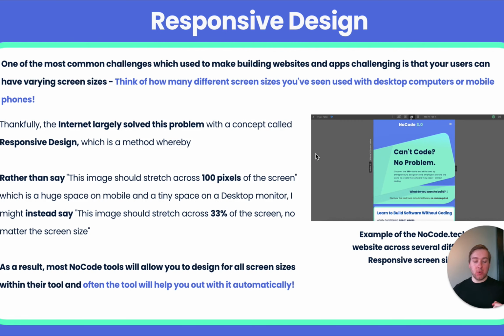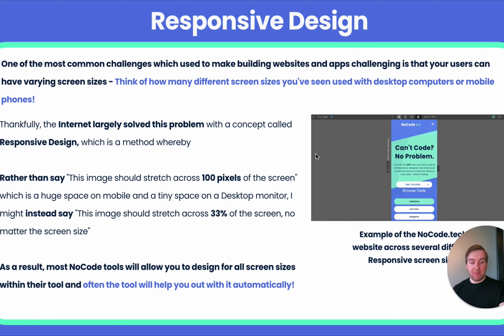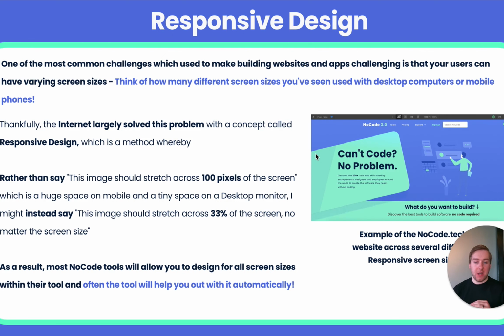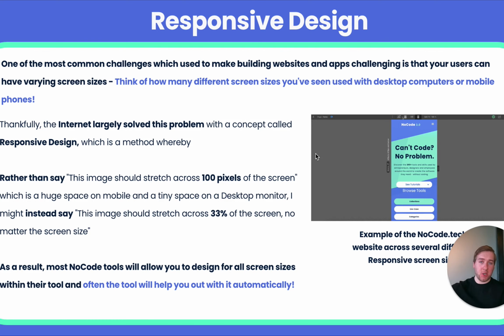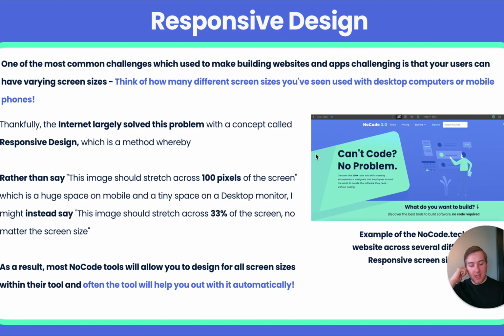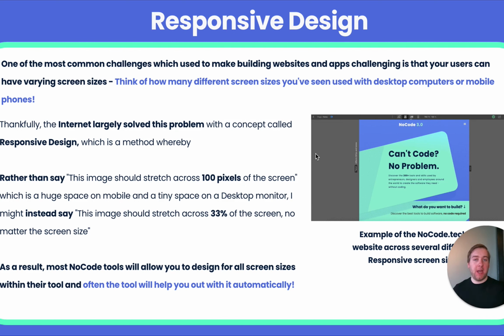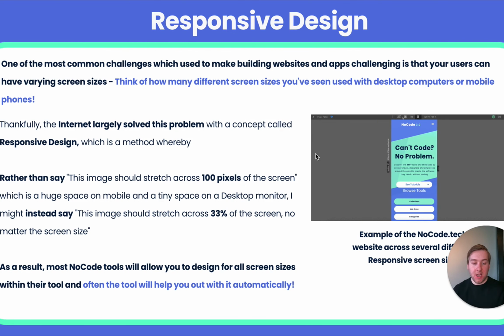And so the way you do that is, instead of saying, that big rectangle should be X number of pixels, you start to set percentages, you start to play around with it, you start to say, okay, at tablet it should look like this, at mobile it should look like that. And really, it's just about having a design that is flexible depending on the person using it.